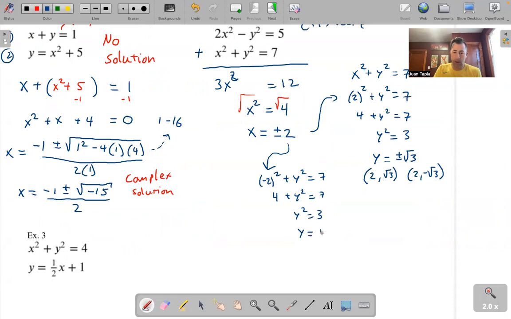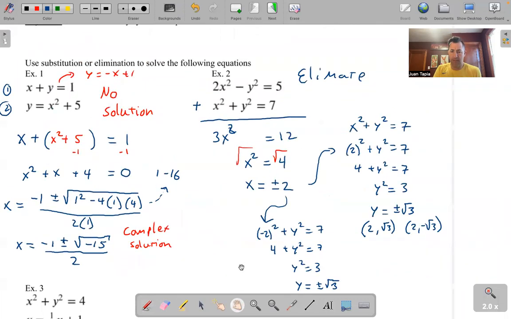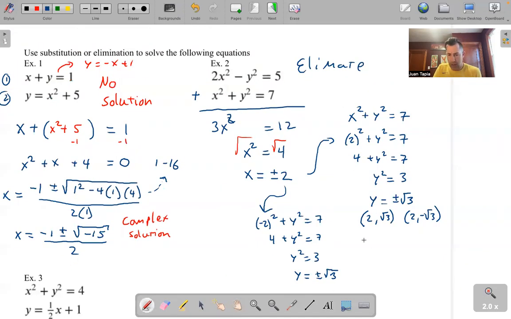So when I solve for y, again, I'm getting plus or minus root 3. So it turns out that this system has actually got 4 solutions. And I'm going to show you what that looks like. So we also have negative 2, root 3, and negative 2, negative root 3. So 4 points of intersection.